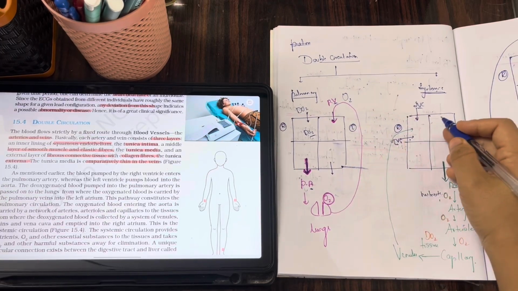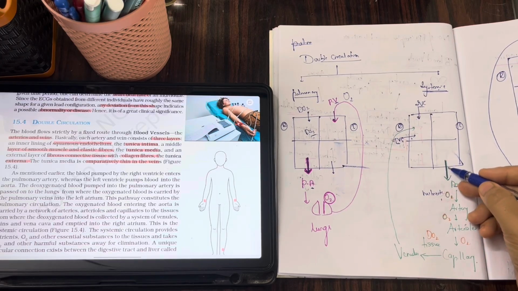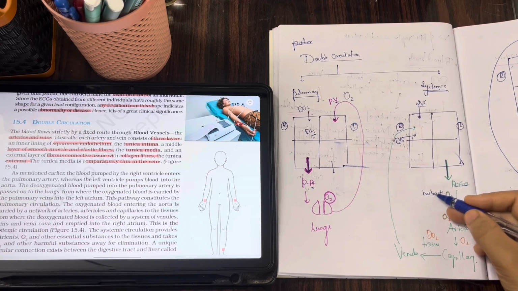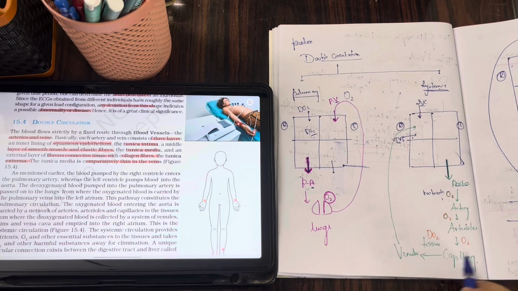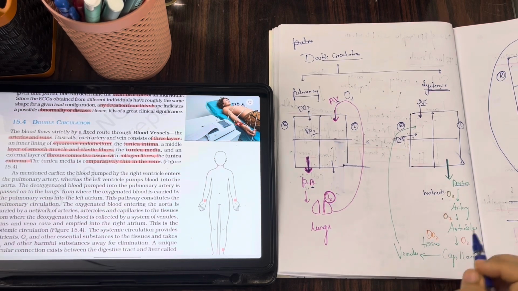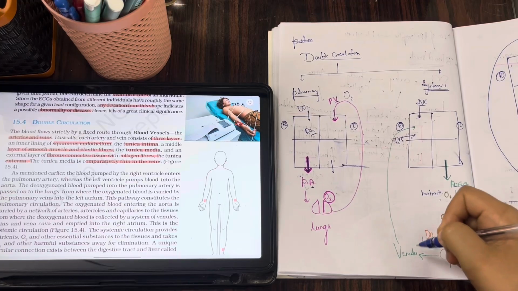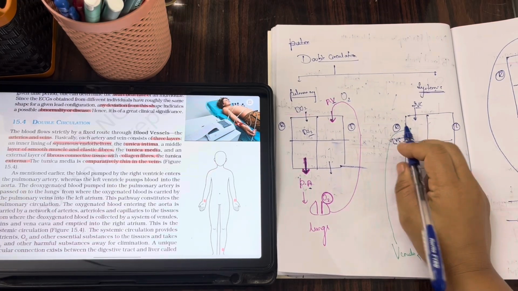Once it enters here, at the level of the aorta, oxygenated blood will be carried along with the nutrients. It will be carried by the artery, which becomes smaller arterioles, and at the level of tissue or the cells, you have the capillaries where it will utilize the oxygen and the nutrients, and deoxygenated blood will be carried back by the venules, veins and back into the right side.